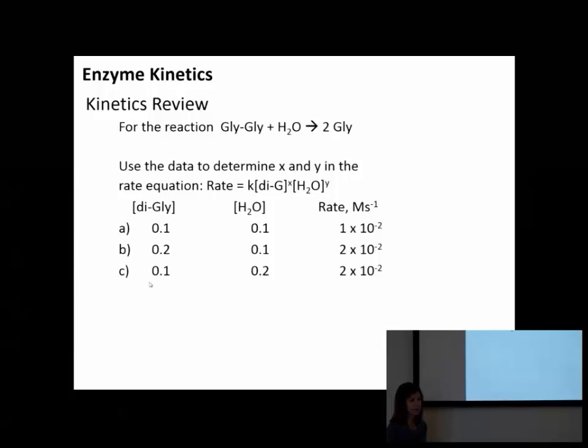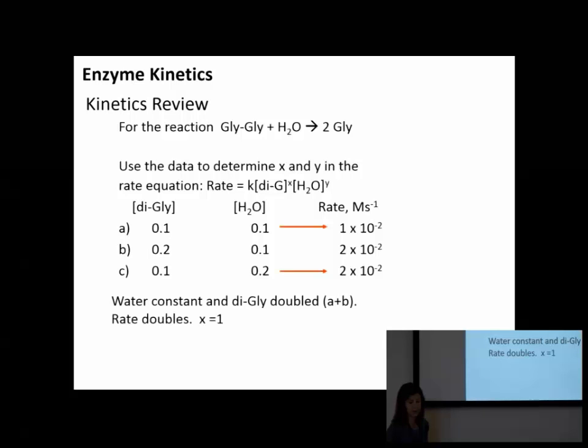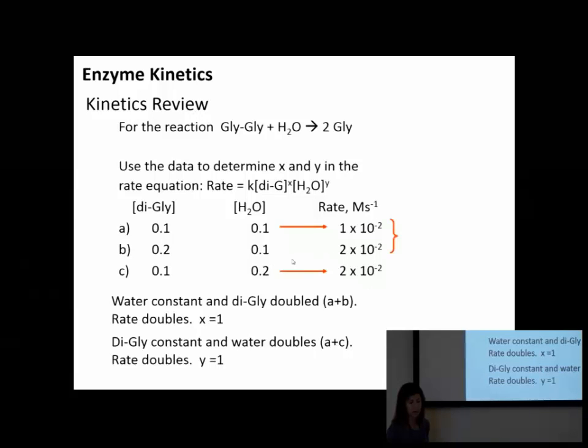And what happens to the rate? Doubles. So what is the order with respect to water? First order, right? When the diglycine is constant and we double the water, A and C, then the rate doubles. When we hold the water constant and we double the diglycine, the rate doubles. So X and Y are both 1.